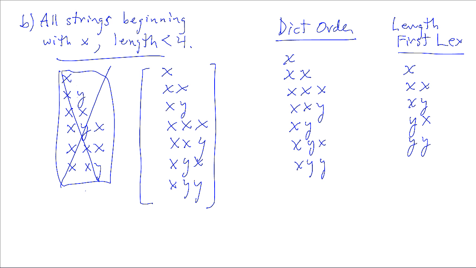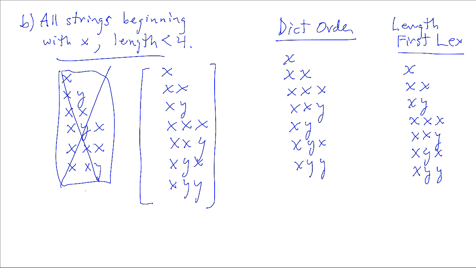Whoa, whoa, whoa. I don't have the ones that begin with Y here, because these are all the strings that begin with X. Okay. Now I'm going to move on to length 3, and I've got 1, 2, 3, 4 of them, and I do them in Lex order. XXX, XXY, XYX, XYY. And I think that's it. That's all 7 of them.